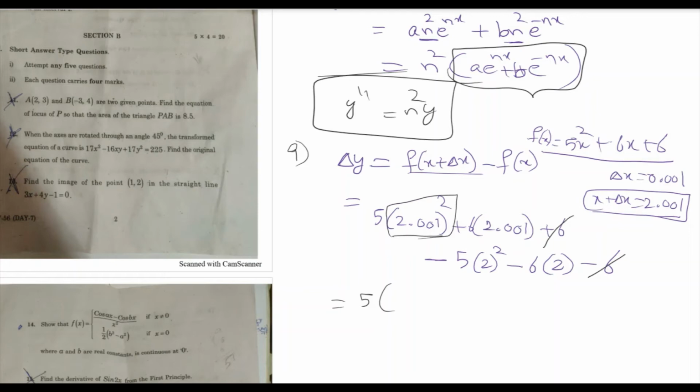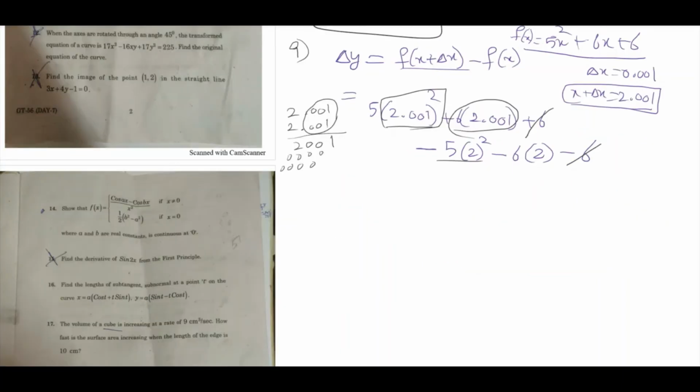So this value gives us 2.001 into 2.001, which is 4.004001.